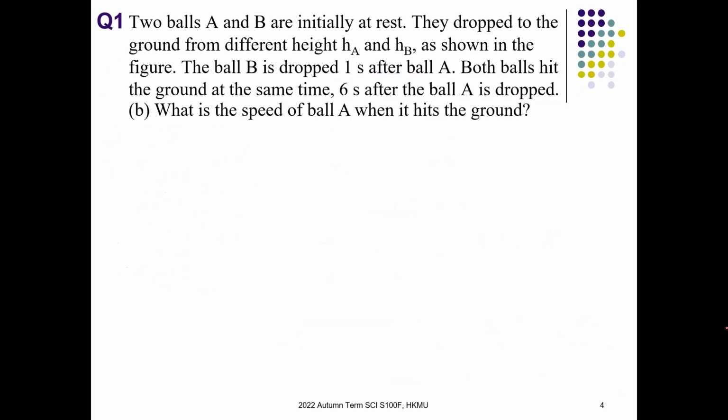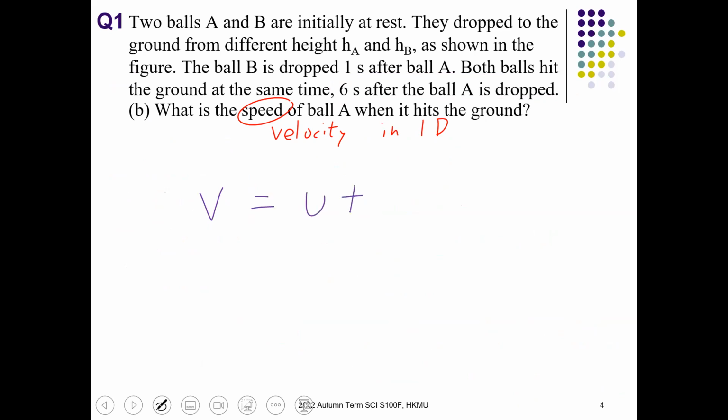In part B, we need to find the speed of ball A when it hits the ground. Speed, you can say this is velocity, because we are having a 1D motion. We can apply the formula to find the final velocity or final speed: V equals U plus AT.